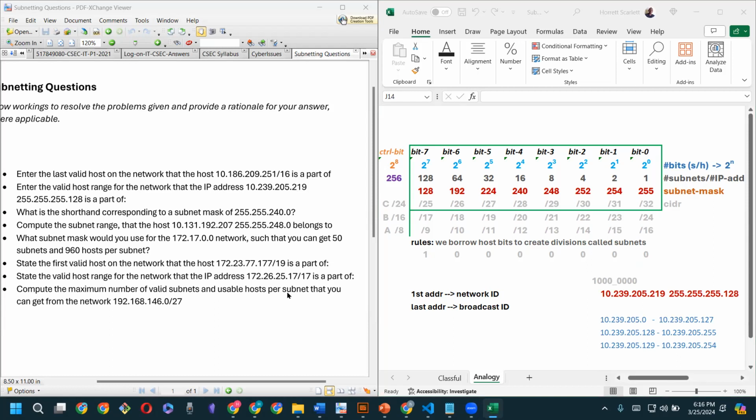So let me backtrack. When we look at the previous one, the one down here, the /27, how many patterns total were we working with for /27?